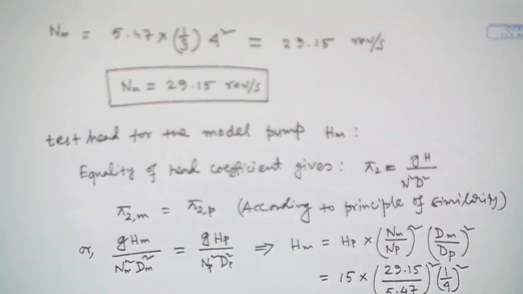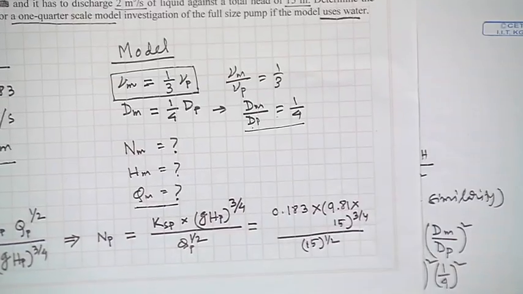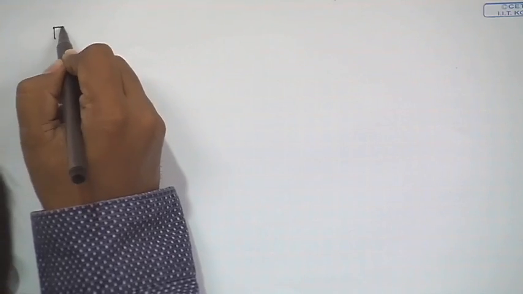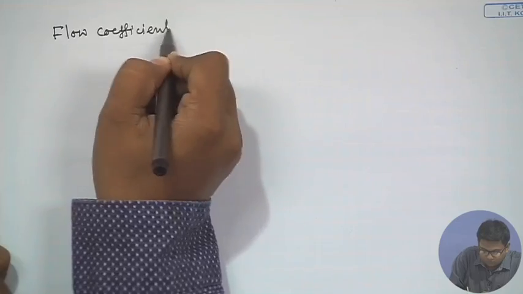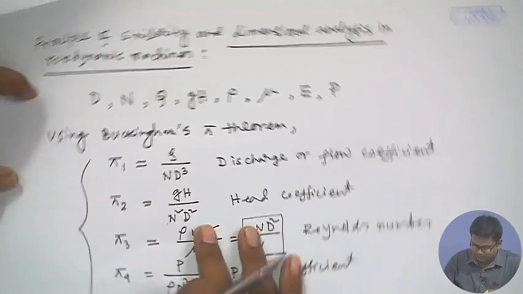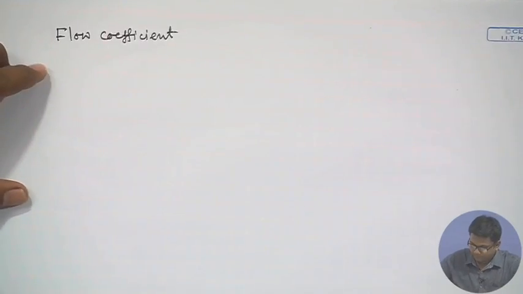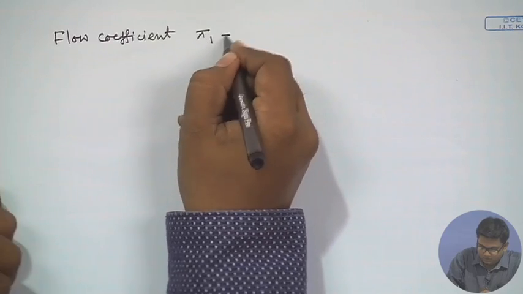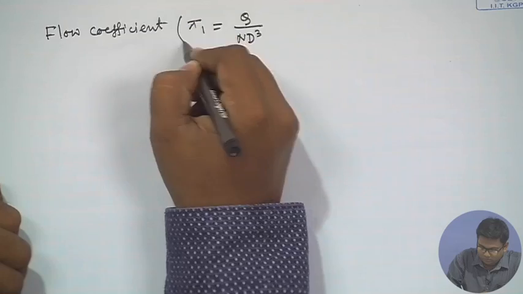Now another important quantity of interest is the flow through the model pump. To obtain this flow, I am going to use the flow coefficient. Flow coefficient was previously obtained as this pi1 term, q by n d cube. So this flow coefficient is pi1 equals q by n d cube.